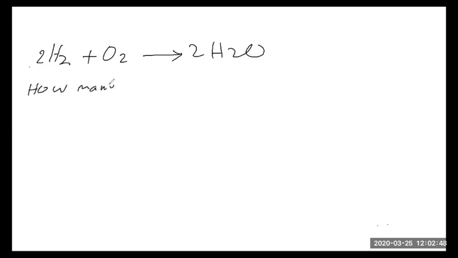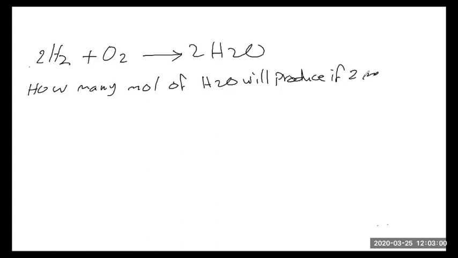Let's say, for example, we have this equation: 2H2 plus O2 gives 2H2O. How many moles of H2O will be produced if 2 moles of O2 were reacted?